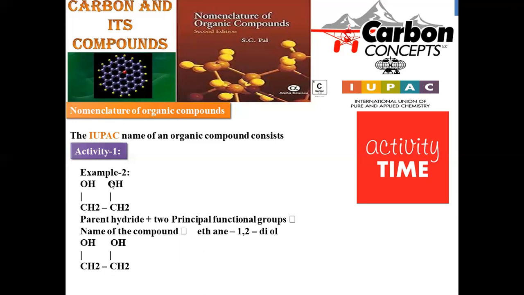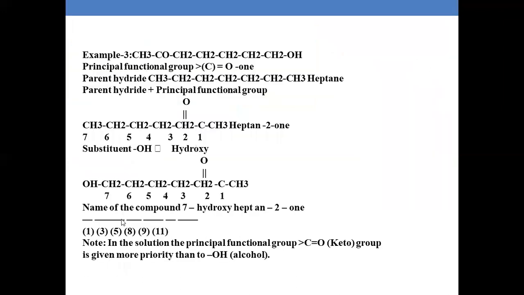That's why di can be incorporated. 1, 2 di, and it being hydroxy, the IUPAC suffix will be ol. So it will become ethane diol, because no double bond is there. We assign ethane 1,2 diol, because 2 hydroxy groups lie on the adjacent carbons of this chain. So ethane 1,2 diol is the entire IUPAC name for this compound number 2.